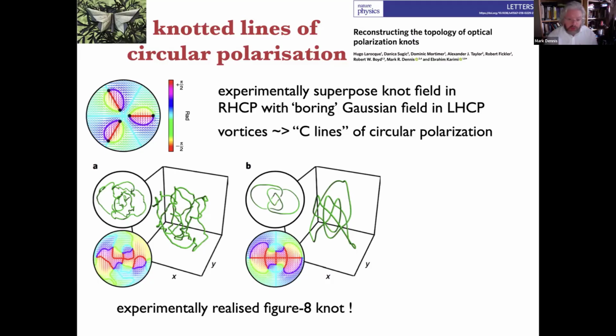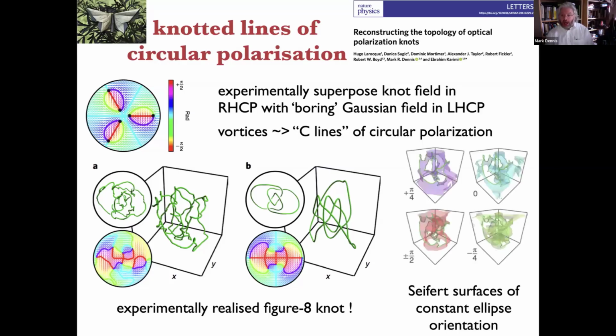The pattern on the right is what the ideal line of circular polarization should look like, a figure 8 knot, and on the left is the experimental, reconstructed measurement. Using polarization, these are so-called Seifert surfaces, surfaces of constant ellipticity. So you can see that we have this complicated three-dimensional topology entwined around these knot structures.